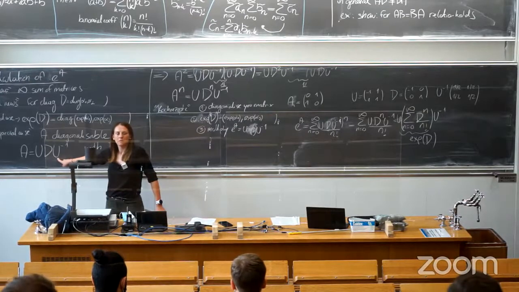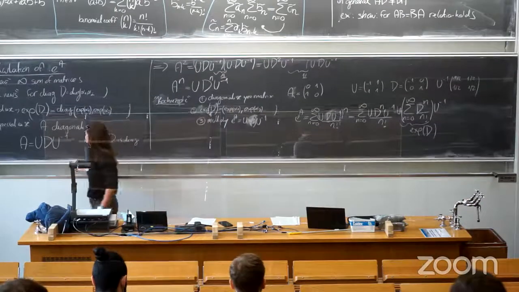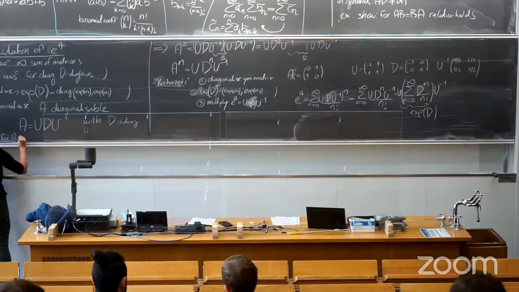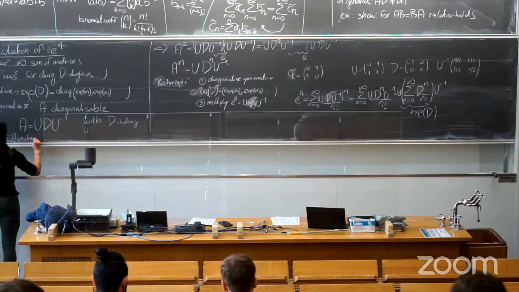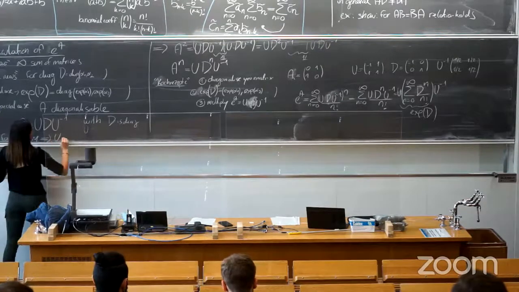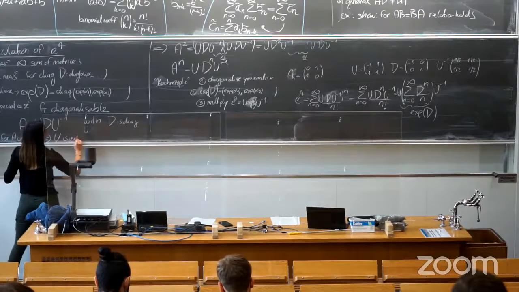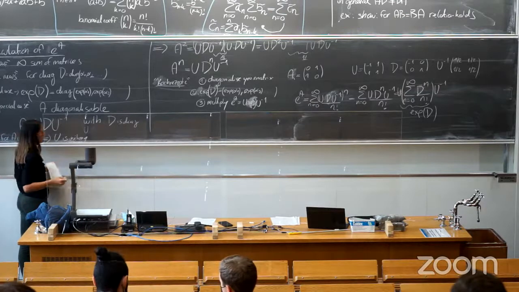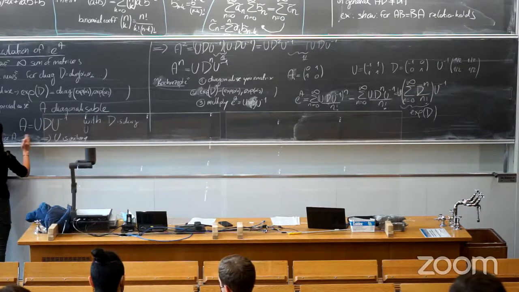I was just wondering because you wrote U and U is unitary. Yeah, that's a good point. Actually, for A unitary, U is unitary, or even normal, yeah, normal.